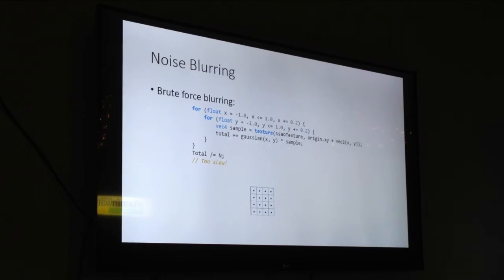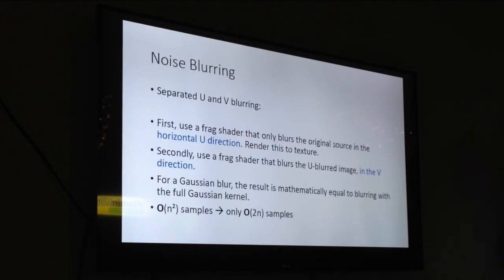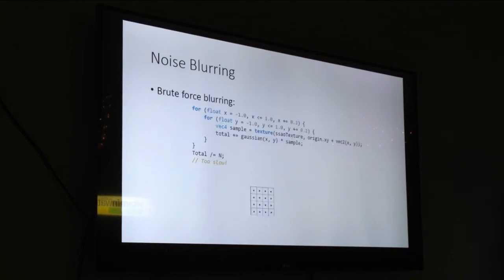It's too slow. We're taking way too many reads of the texture. Also, we don't want to use the same technique that we used for SSAO here. We don't want to solve noise made by random sampling using more random sampling. That doesn't solve our problem. We just introduce different noise.